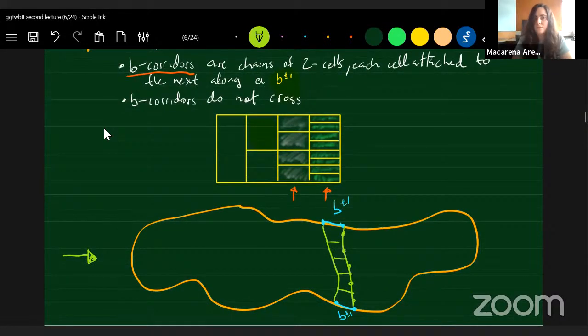So this is a diagram for some word W in the K complex. And if the word contains any instances of B or B inverse, then there's a corridor that connects this B to a corresponding B inverse. Okay? And because the corridors do not cross, we can look at one that is innermost of such pairs of B's or B inverses.